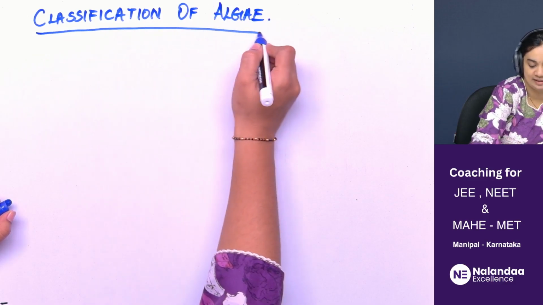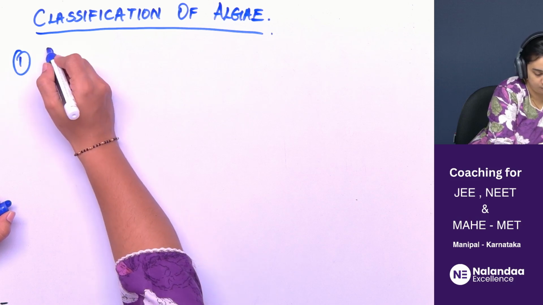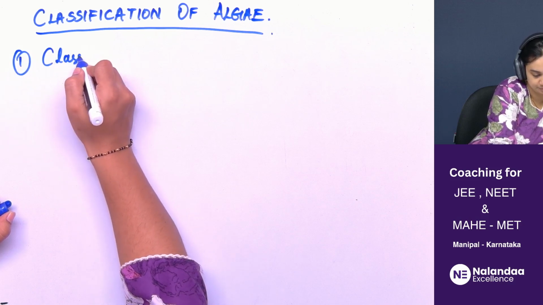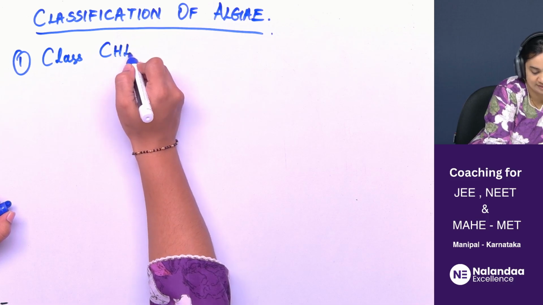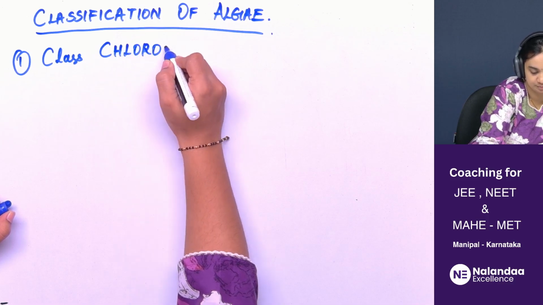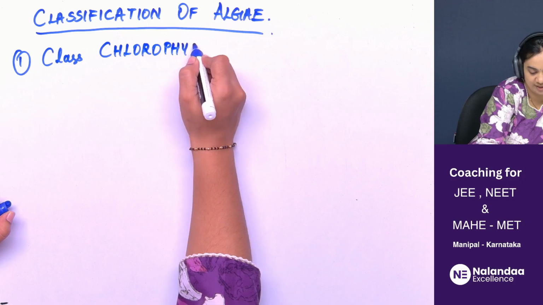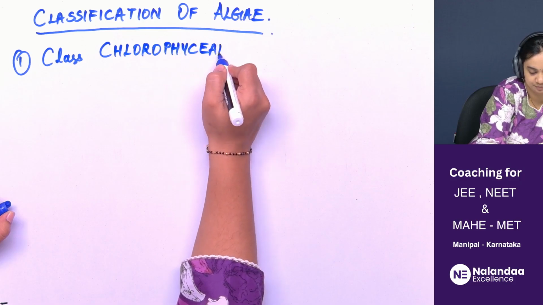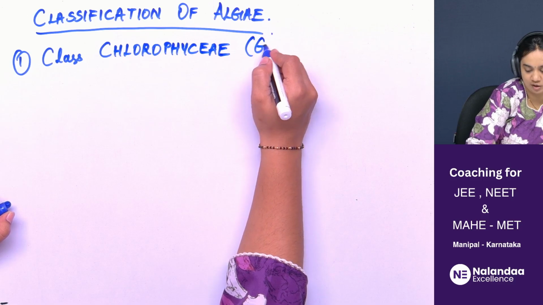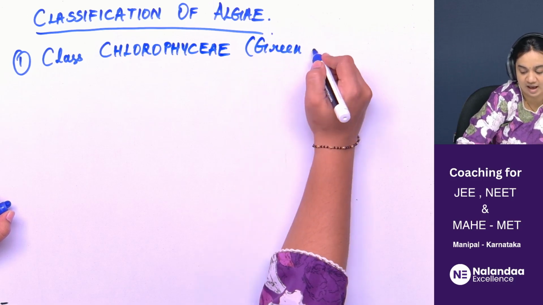Number 1 is class Chlorophyceae, commonly called green algae.